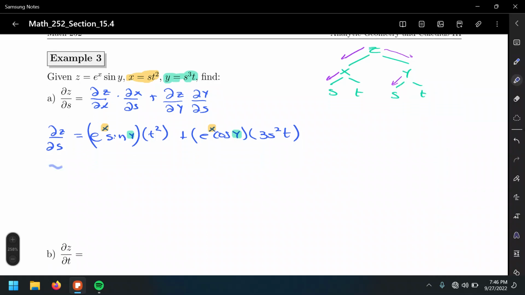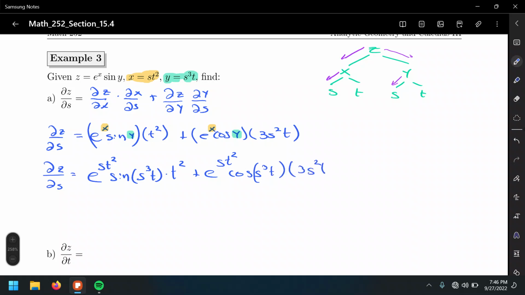So this will be then, partial z with respect to s, that's e to the x, which is st squared, and sine of y, which is s cubed t, times t squared, plus e to the x, which is st squared, cosine of y, which is s cubed t, times 3s squared t.